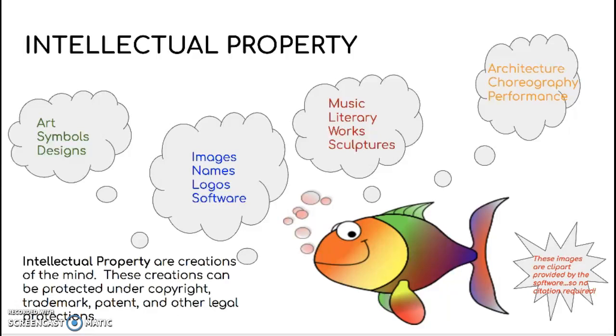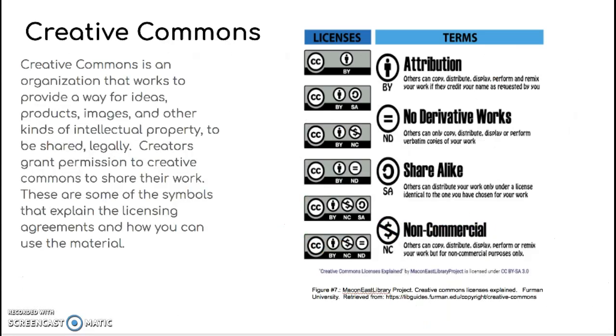All of these images are clip art provided by the software, so notice we did not have to put citations. It can get confusing trying to remember what you can and cannot use and how you can use it.